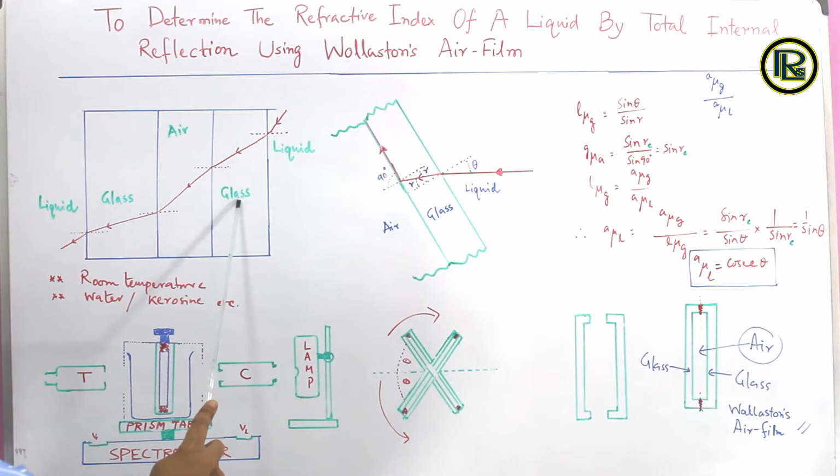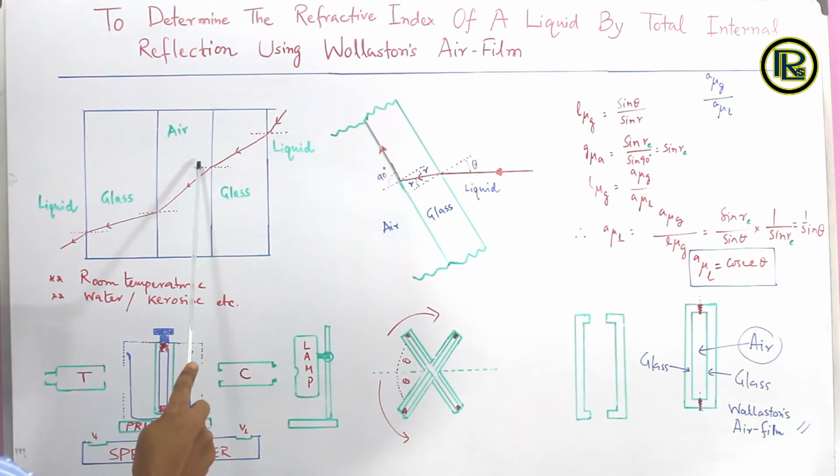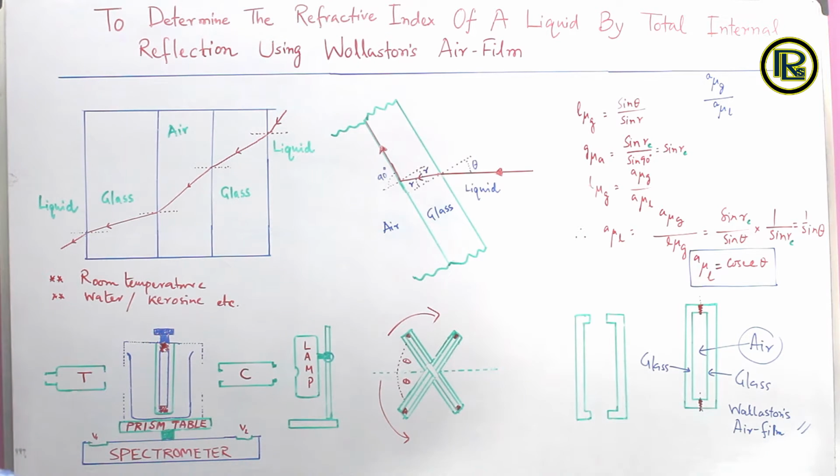And air is rarer than glass, so the angle of refraction will be more than the angle of incidence. Here again, as the light is traveling from air medium to glass medium, the angle of incidence will be more than the angle of refraction. Again here, the angle of incidence will be lesser than the angle of refraction, as this liquid has lesser refractive index than the glass, or the liquid is rarer than the glass medium.